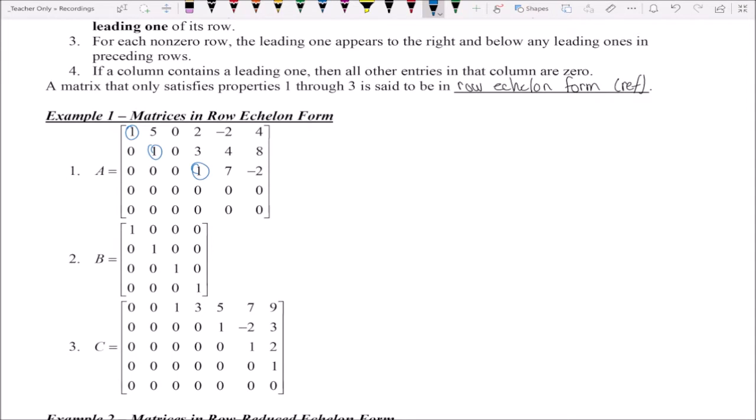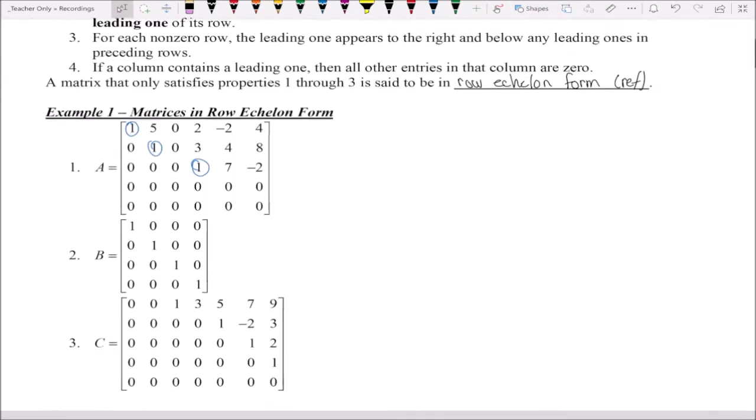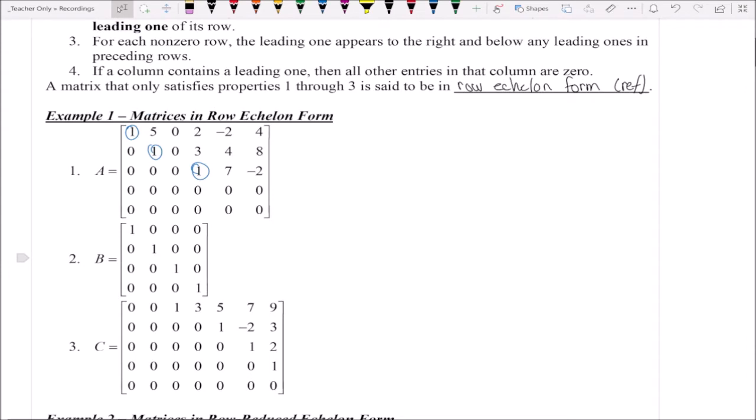Notice that each leading one is to the right and below the previous. We have all of our non-zero rows at the top, and there are 2 zero rows at the bottom. And obviously, they are all leading ones. So the first three properties are satisfied. However, the fourth property is not satisfied, because we have a 5 above the 1 here. In order for it to be an RREF, this 5 would have to be 0, as well as everything below it.